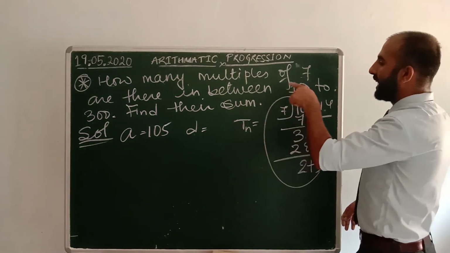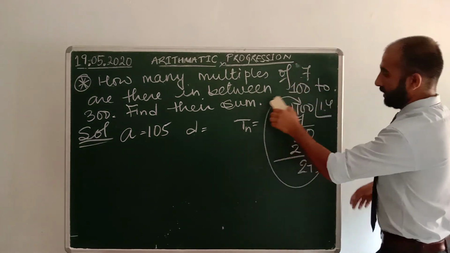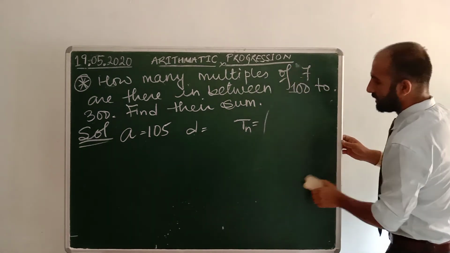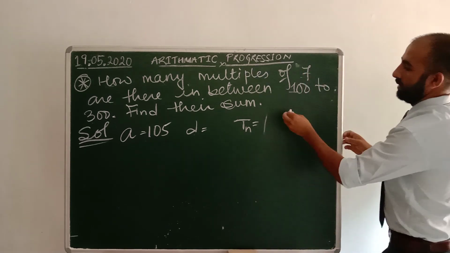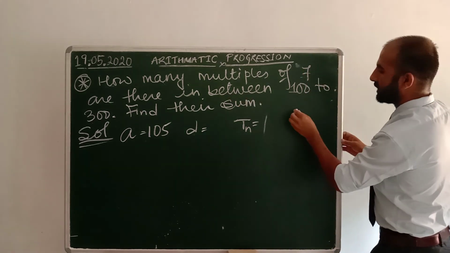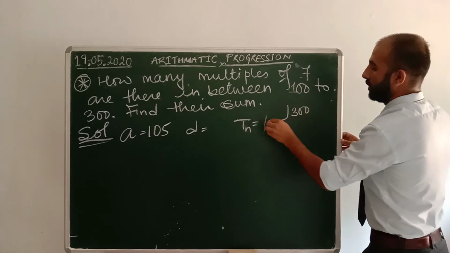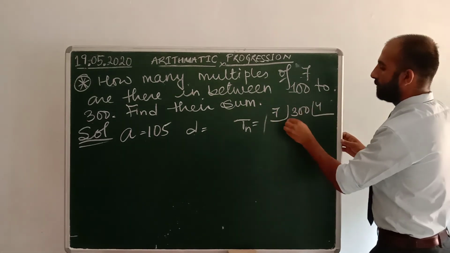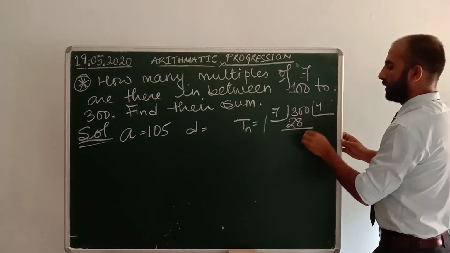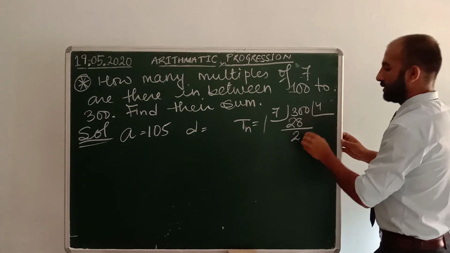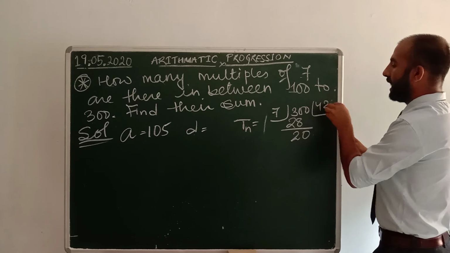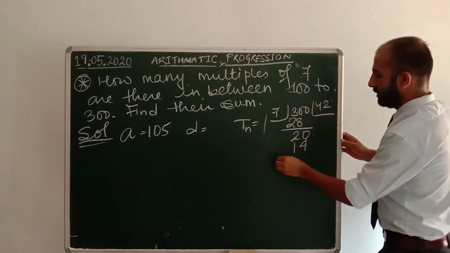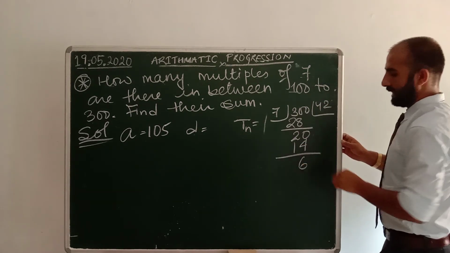Okay, so how to find out the last term? Let's follow the same process. The last number given to us is 300. So again I'm going to divide it by 7. 7 fours are 28, 2 left, 0. 7 2s are 14, so 6 left.